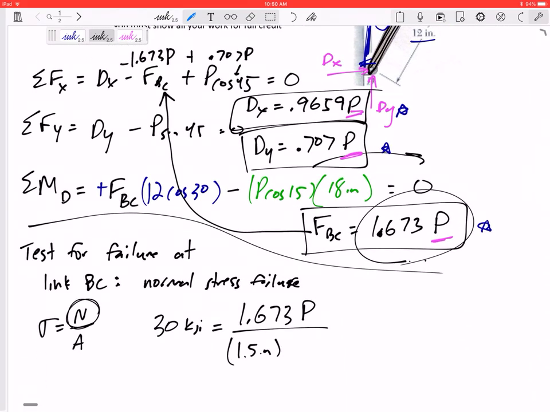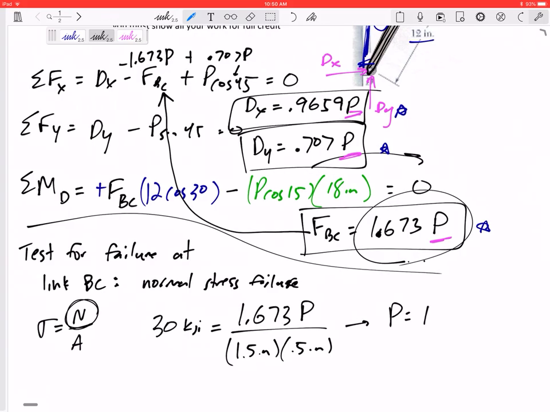1.5 inches by 0.5 inches. And from that, you can get a force P of 13.45 kips. Okay, I'm not going to box that in because that's not my final answer.